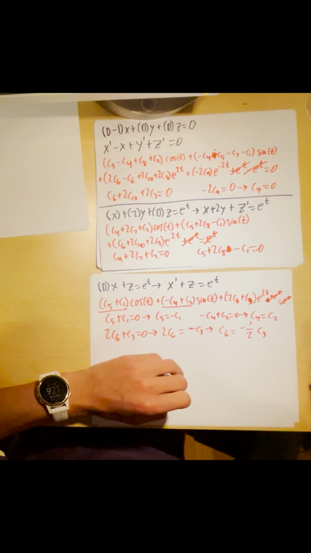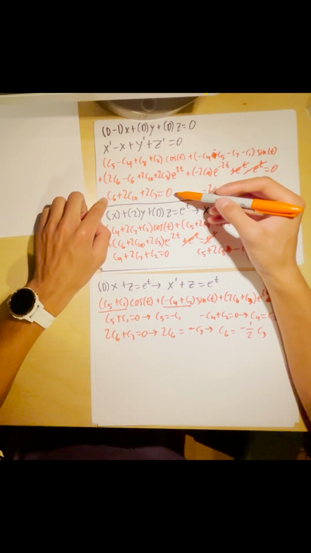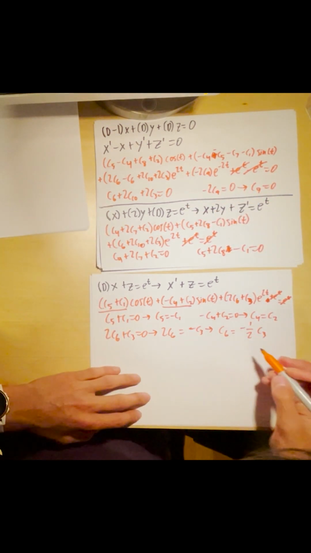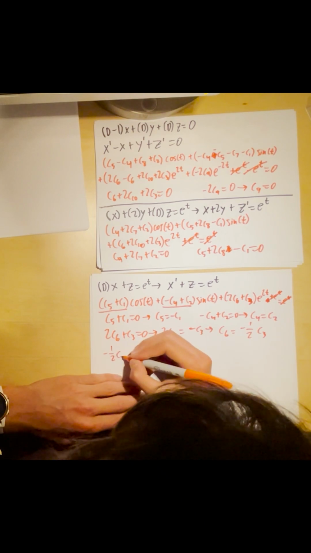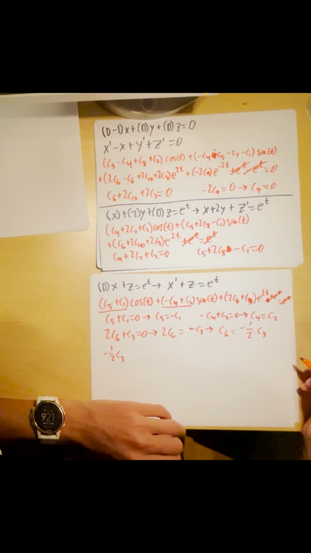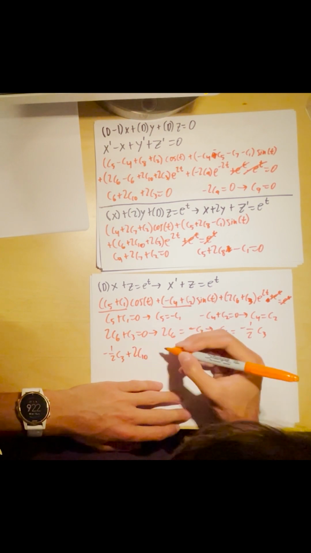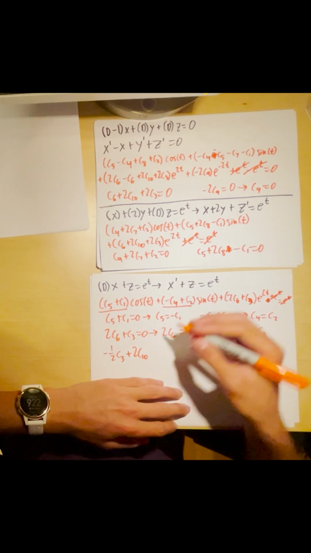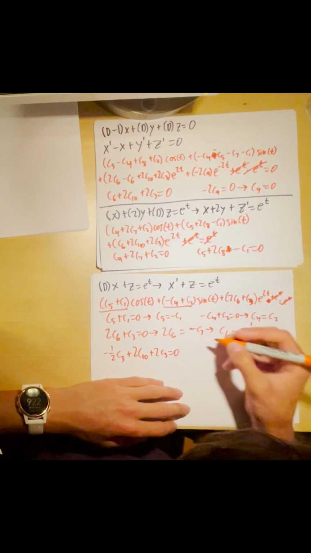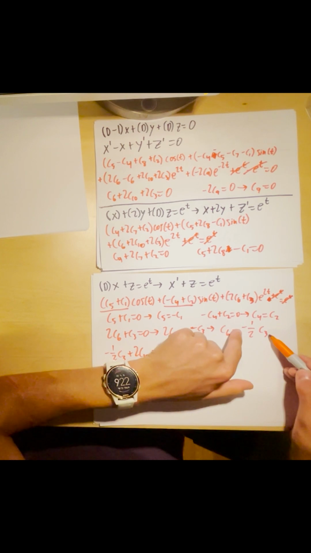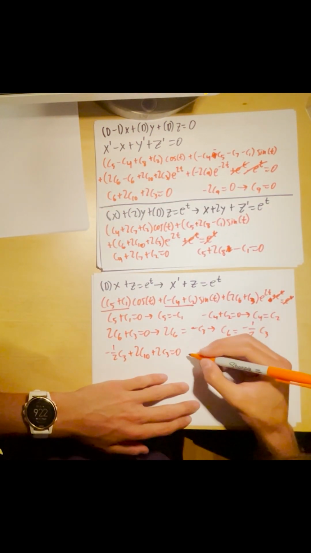I'm going to use this one, C6 plus 2C10 plus 2C3, but we know C6 is negative 1/2 C3, so negative 1 over 2 C3, and we're going to be solving for C10, so I'm going to leave C10 and leave 2C3. Just plugged C6, negative 1/2 C3, right in there.